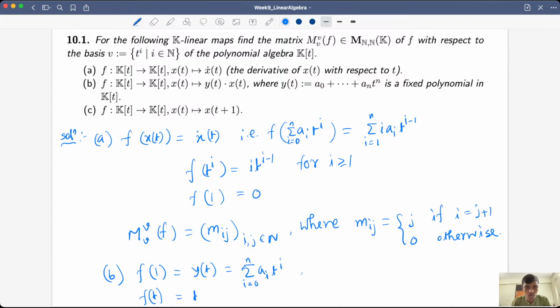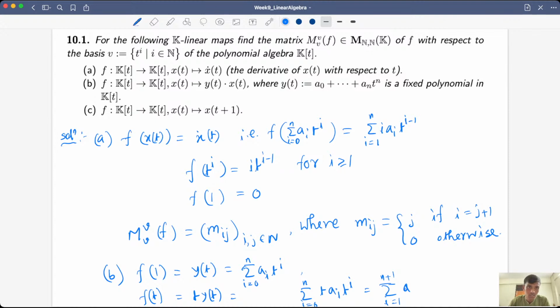So this is t·y(t), that means it is again the sum of i equal to 0 to n of a_i t^i, that means it is i equal to 1 to n+1.